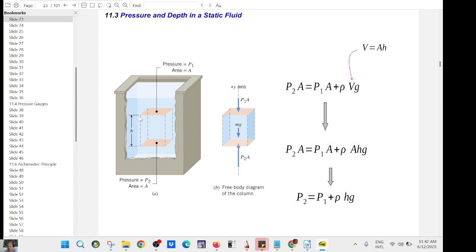Delta P is proportional to height and proportional to density. And of course it depends on gravity, right?